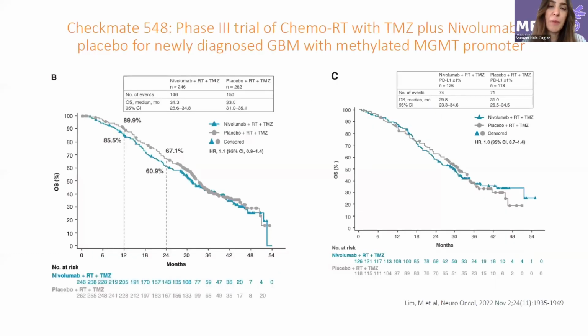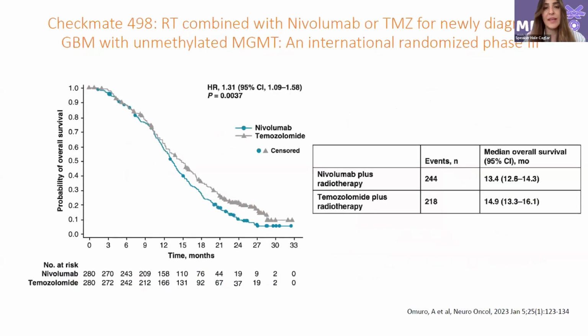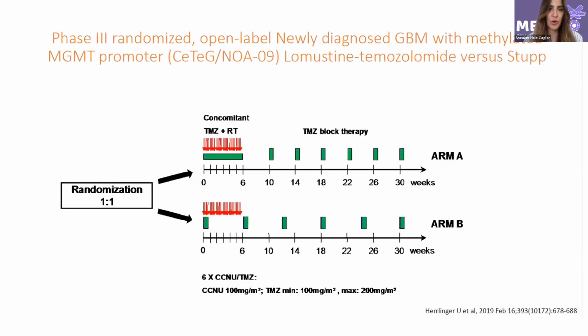Two new papers were published this year, looking at the benefit of adding immune checkpoint inhibitors to standard therapy, in both newly diagnosed and recurrent glioblastomas, where the checkpoint inhibitors did not have any effect when added to the standard protocol. So it's not recommended to be used outside of a clinical trial.